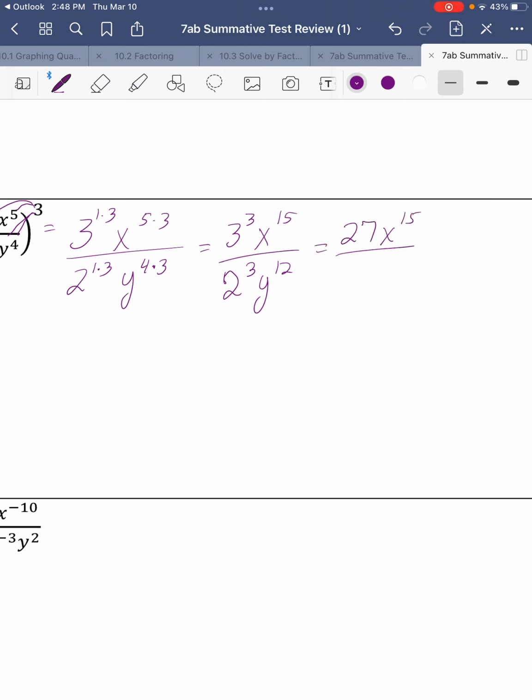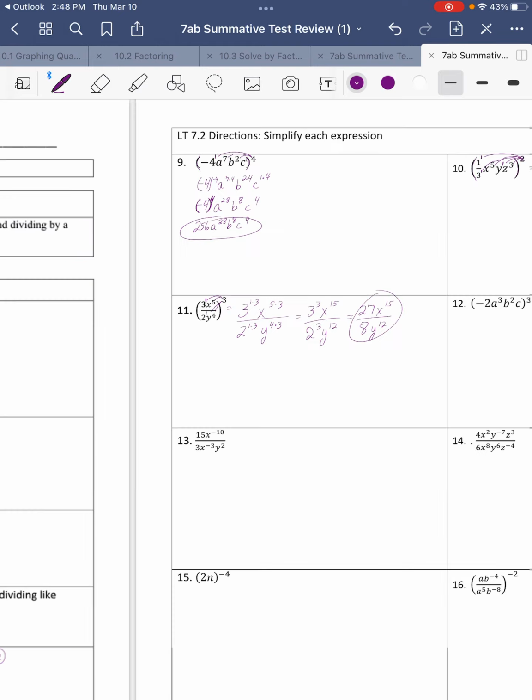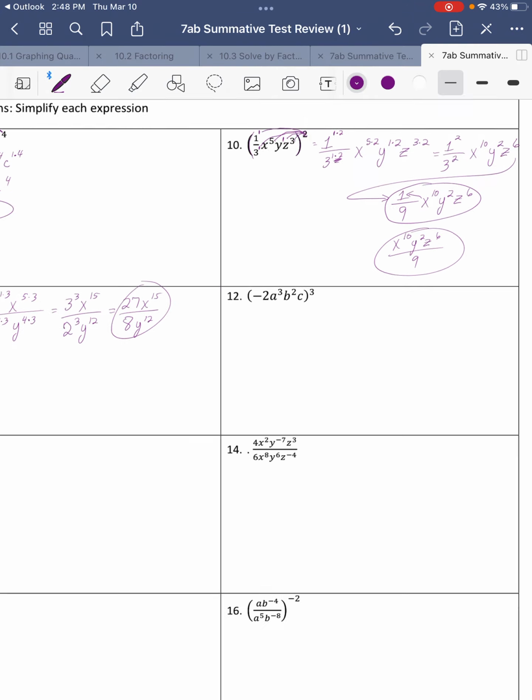You can do that on Desmos. 2 to the 3rd is 8. You could look at the 27 over 8 and see if you can reduce that, but you cannot. You can't divide them both by the same number.